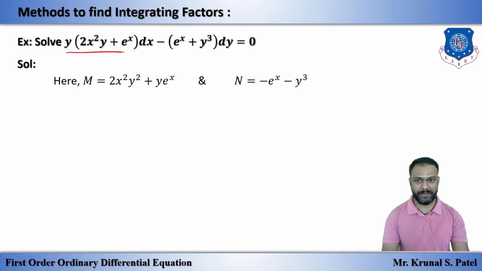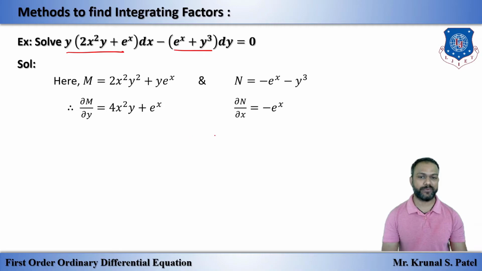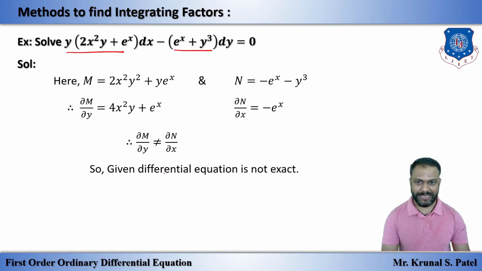So we have this M, we have this N. By differentiating this, we know that both are not equal, so not exact. Now we don't have any of methods 1 to 5 for finding an integrating factor, so we'll try to observe.